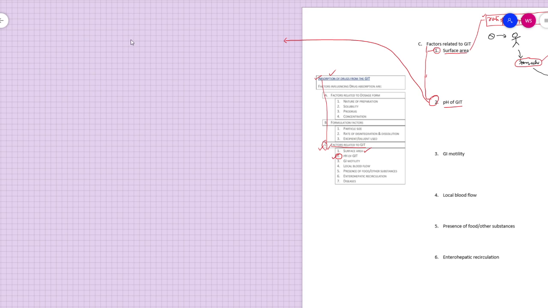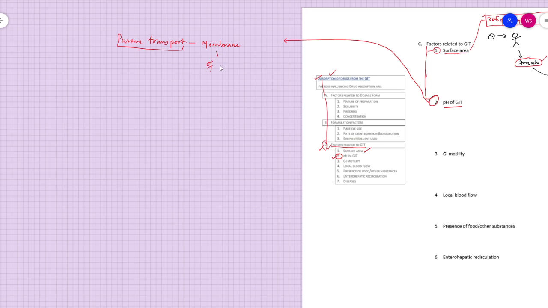So when we talked about transport, we talked about passive diffusion. So passive transport of ionic drugs across the membrane of the GIT.